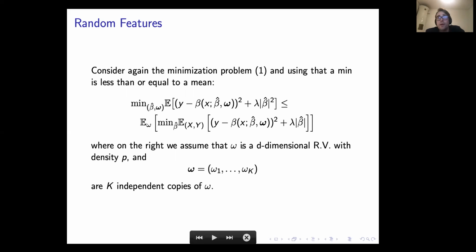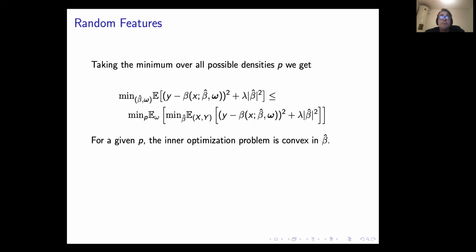Here we're just sampling omega k times with some density p, and then you minimize with respect to beta hat, and that's what you get. But of course, we can then minimize with respect to the density p as well.